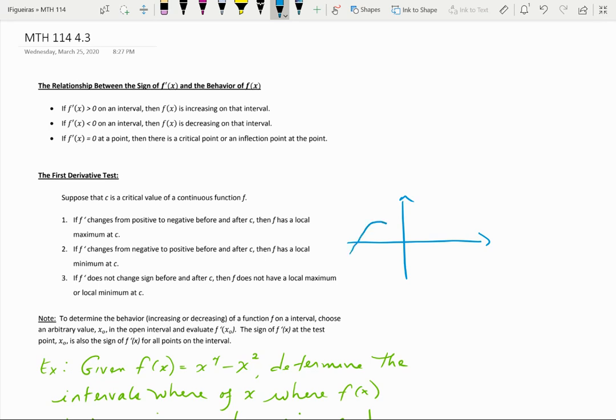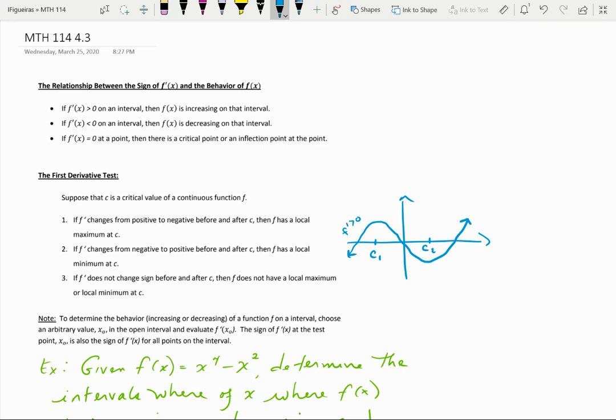So to illustrate that, here's a picture. This looks like a polynomial. If I have a critical point, which I'll call c sub 1, and another critical point, which I'll call c sub 2, when I'm to the left of c sub 1, my first derivative is positive.